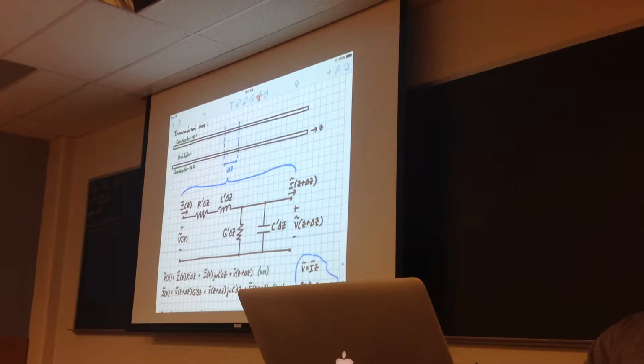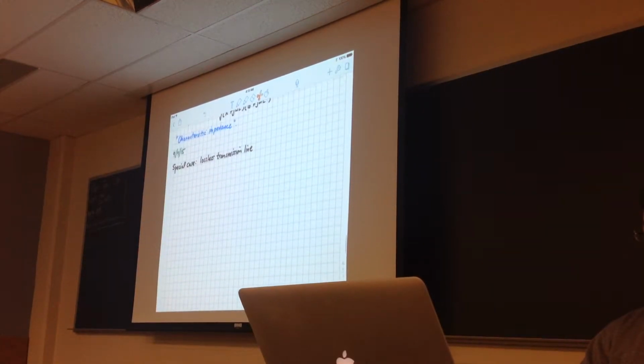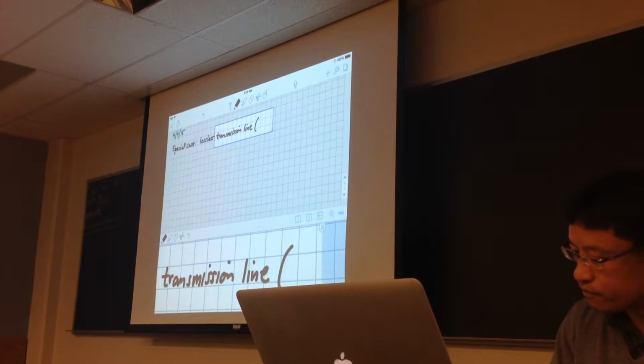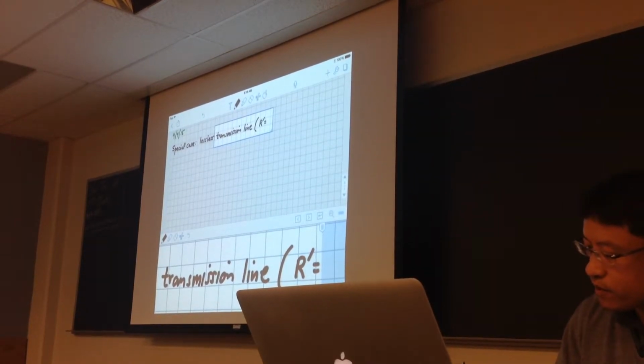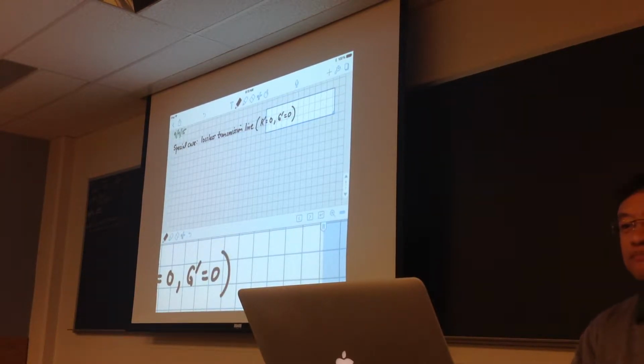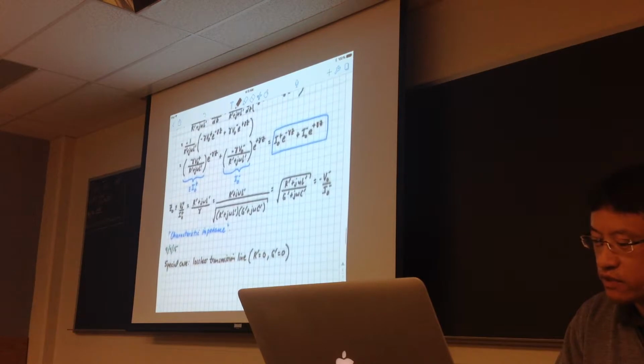So if R prime is 0 and G prime is 0, that would represent a lossless transmission line. Okay, so let's take that as our special case: R prime equal to 0 and G prime equal to 0. In that case, we can start to look at these equations from that perspective.